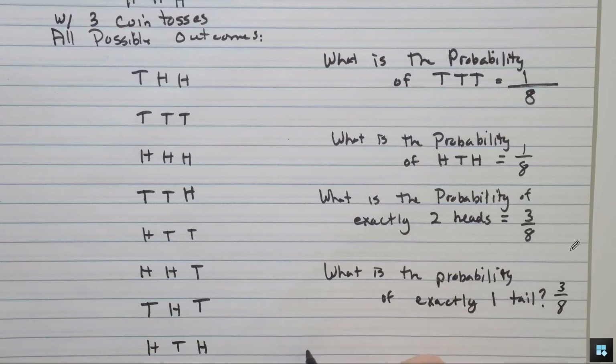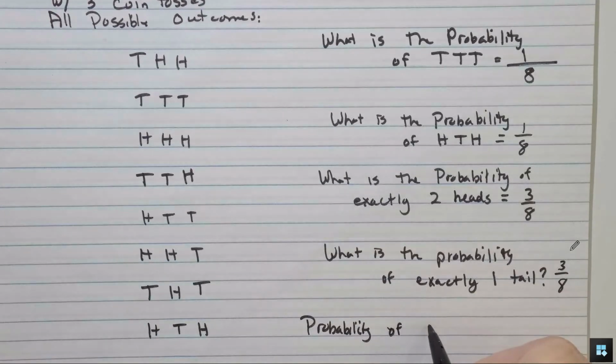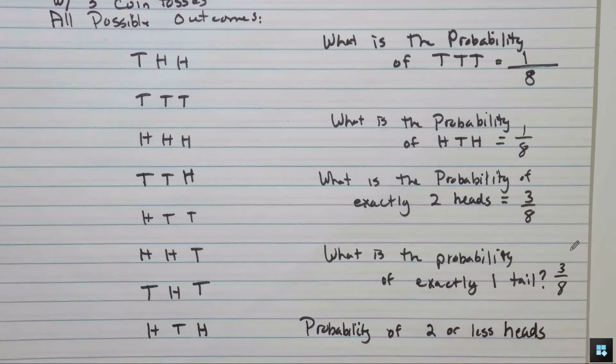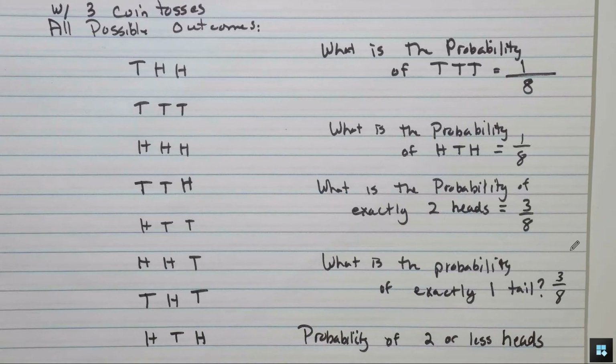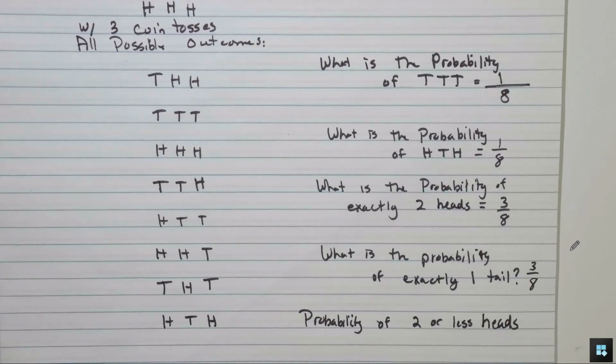All right, here's a harder one. So with 3 possible coin tosses, can you figure out the probability of 2 or less heads?